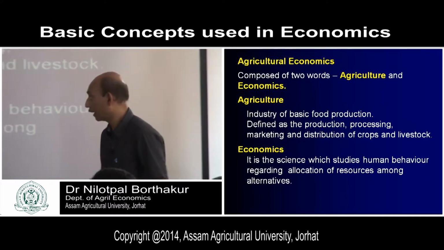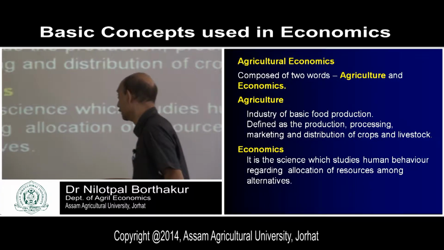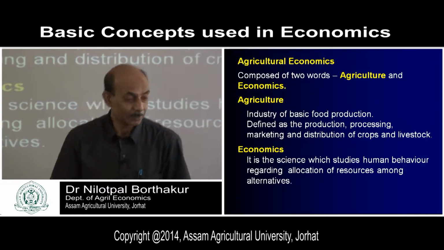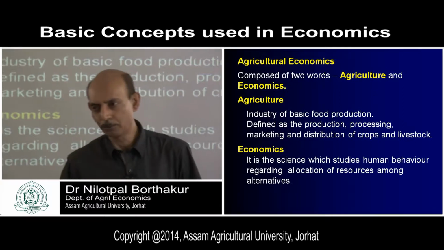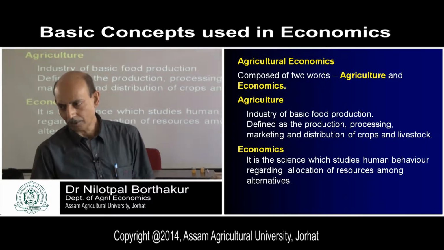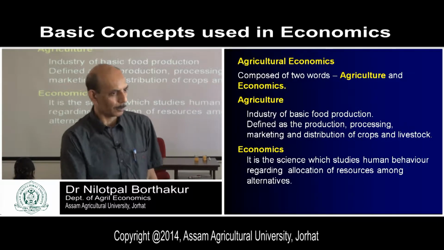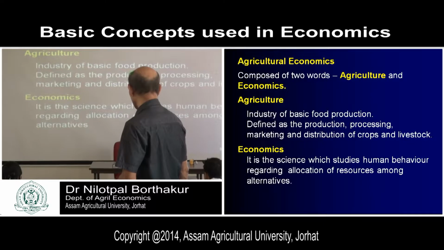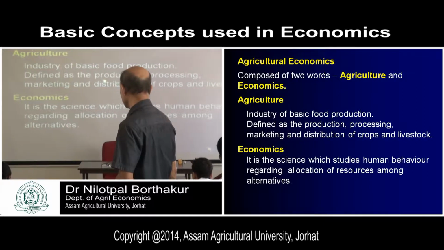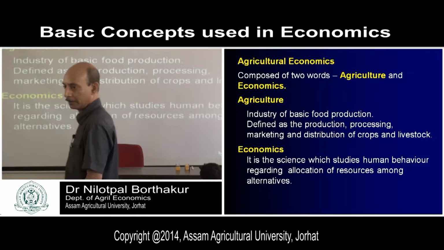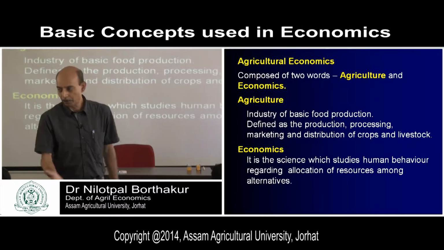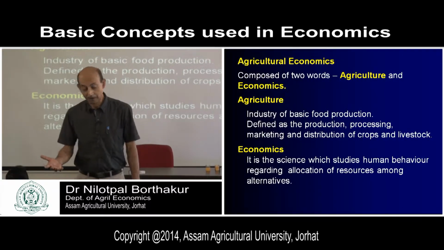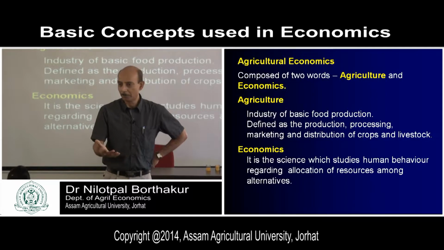So that is agriculture. What is agricultural economics then? See, agriculture is the industry of basic food production. Basic food means be it crops, livestock or poultry, whatever it is. Then it is defined as the production, processing, marketing and distribution of crops and livestock. It is not only that if we produce, agriculture is finished, because that production is meant for consumption.